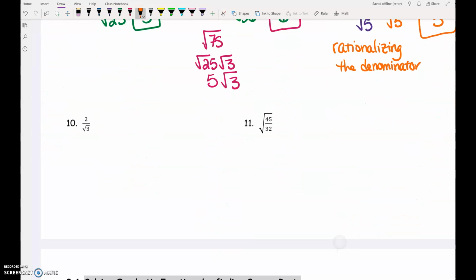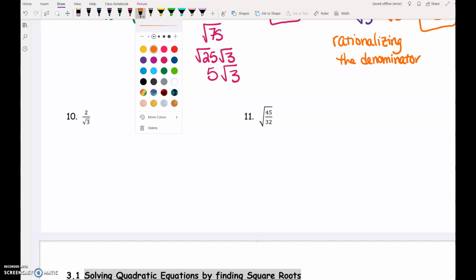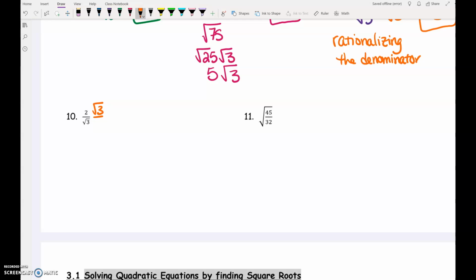Okay, let's look at the next one. 2 divided by the square root of 3. There's nothing to simplify here. The only problem is we can't have that square root of 3 on the bottom. So what do you think we're going to multiply by? Square root of 3 over square root of 3. On the top we have 2 times the square root of 3.